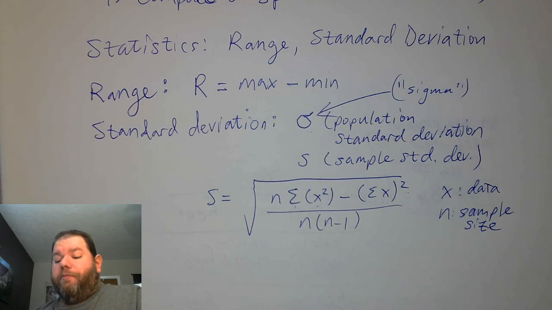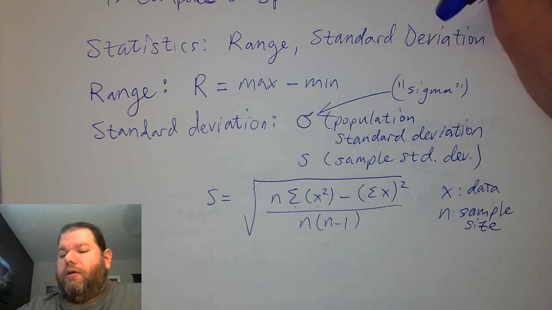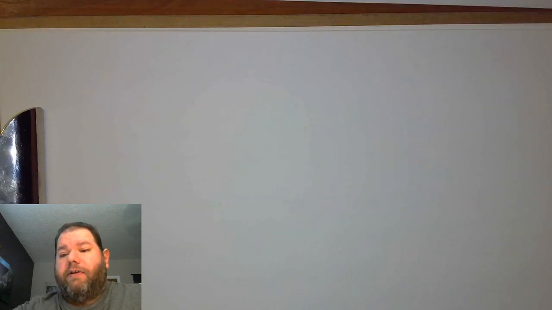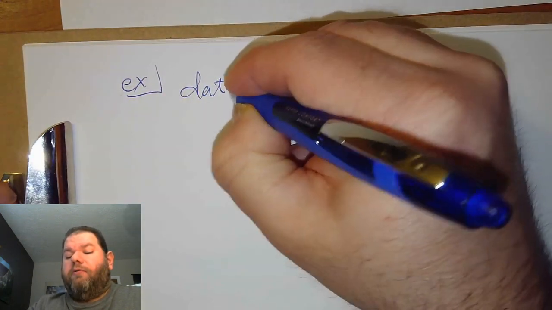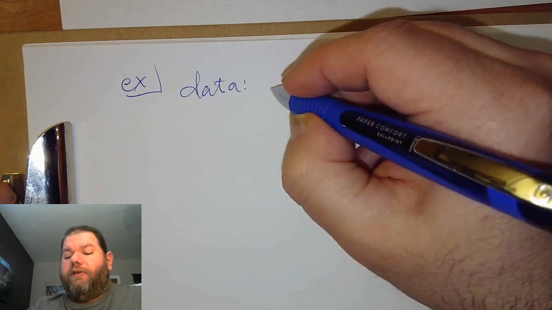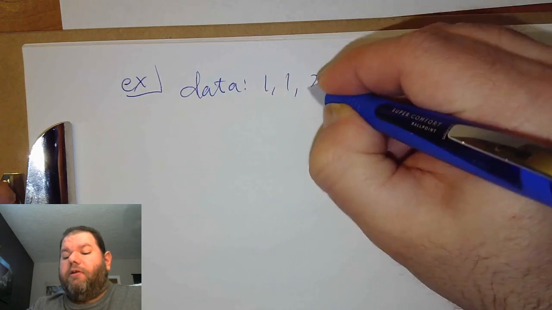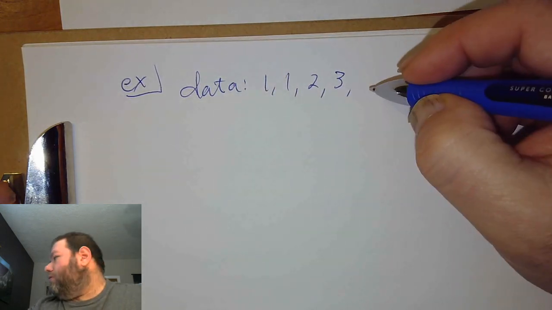Now, let's go ahead and try that out for one problem. We'll start off simple, especially if we're going to do it by hand. So we'll go back to our Fibonacci sequence data.